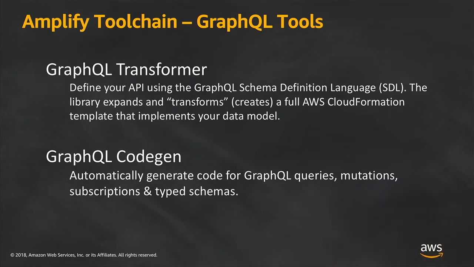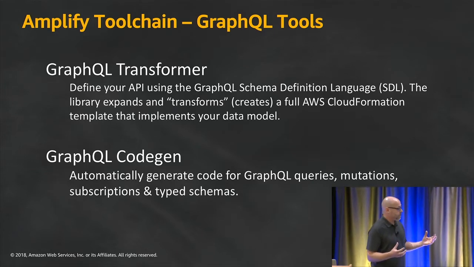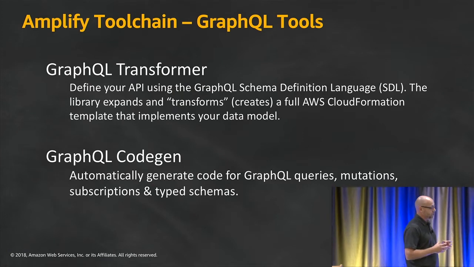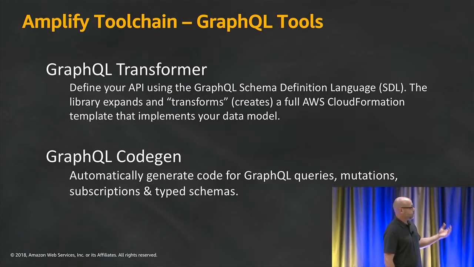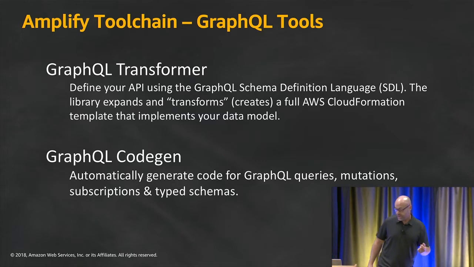The GraphQL transformer, briefly I'll go through, which we'll talk about in more detail in the next one: you define your API in the GraphQL schema definition. That's the definition you're talking about, and the model, and then it transforms into a CloudFormation template that implements your data model. So if anybody's ever used GraphQL or AppSync, this is a super powerful tool that allows you to just specify a model, and then it'll build out everything for you behind the scenes. So then you just make the API calls.